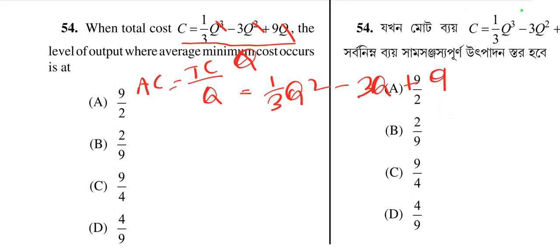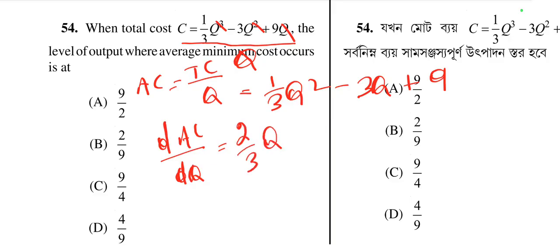So the derivative of AC with respect to Q is 2 into 1 by 3 Q, that is 2 by 3 Q, minus 3, and the derivative of 9 is 0. So the derivative of AC is 2 by 3 Q minus 3.